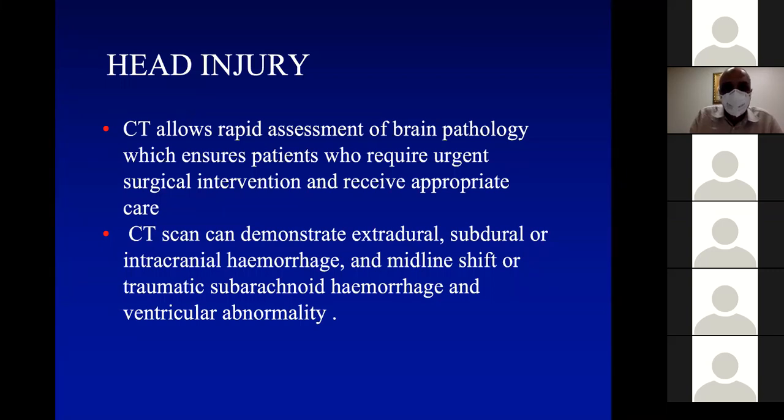Obviously, it's a surgical emergency, and CT is readily available. It is quick to perform a CT scan of the brain, so that examination is the first modality of choice. CT scan can demonstrate extradural, subdural, or intracranial hemorrhage and midline shift, or traumatic subarachnoid hemorrhage and ventricular abnormality. We have discussed all of this.